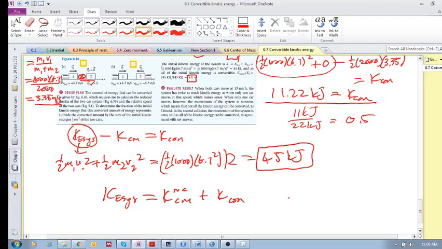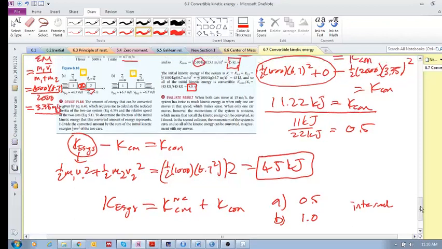In the first one, part A, you had this as 0.5. So 0.5 of this was convertible. And in B, all of this was convertible. What am I saying? All of it was convertible into internal energy.